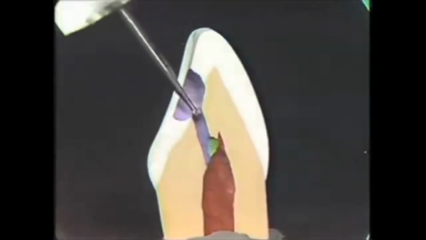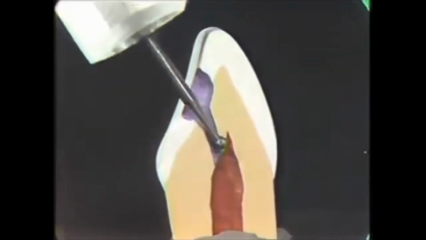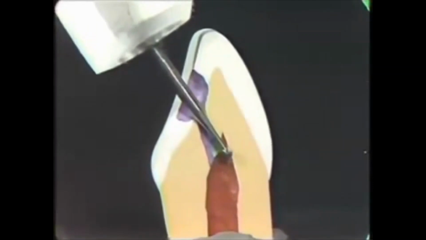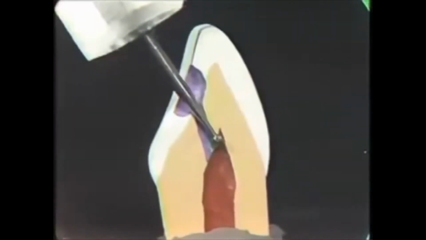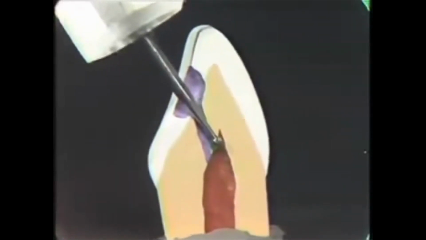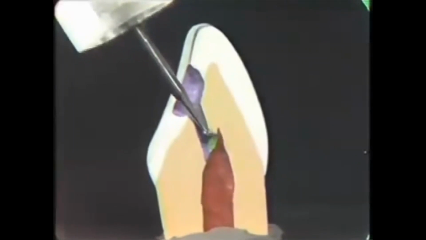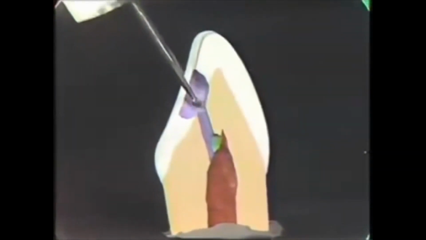Now let's return to the model. Okay, returning the burr into the pulp chamber, feeling for the wall, keeping away from the wall, recognizing where the roof of the pulp chamber starts, you slowly remove the roof, working from the inside out.